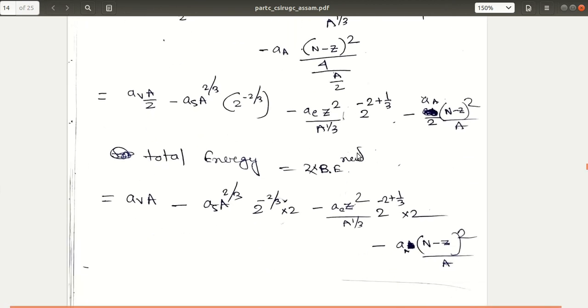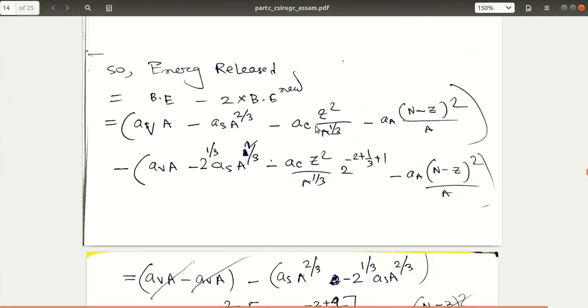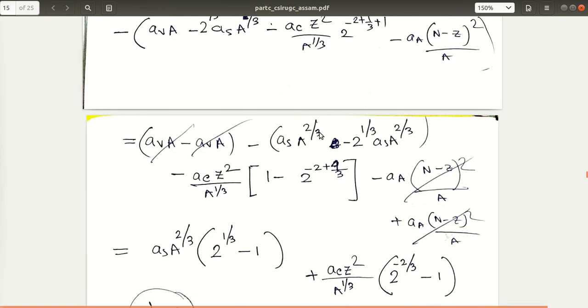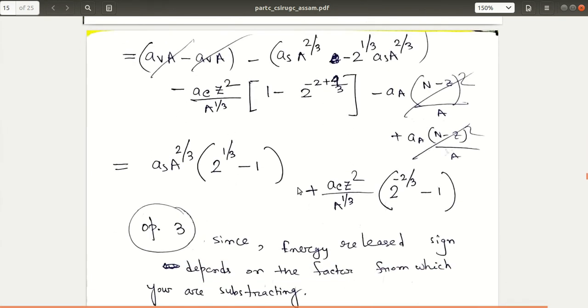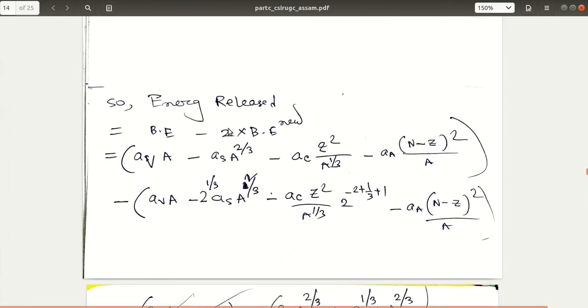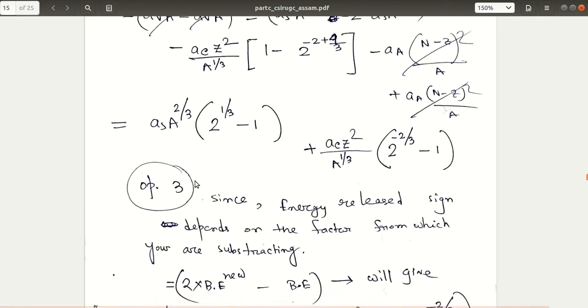And now the total energy for the new case will be 2 into the new binding energy. It will give you this equation, because it will multiply only by 2 and these 2 will cancel out, and so on. And now the energy release will be, I just do the opposite, because there will be a sign change, so 2 into B new minus B. It will give you this option 3.